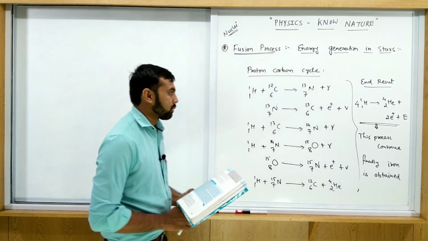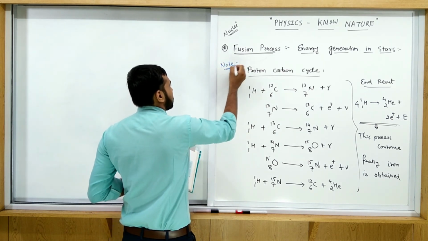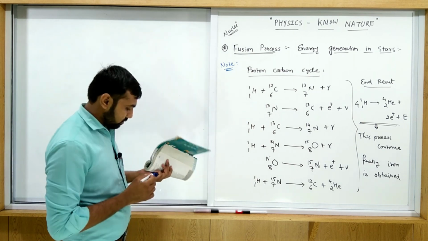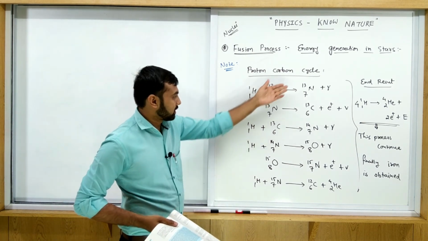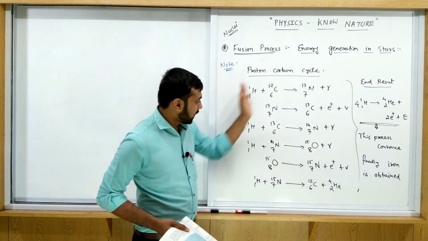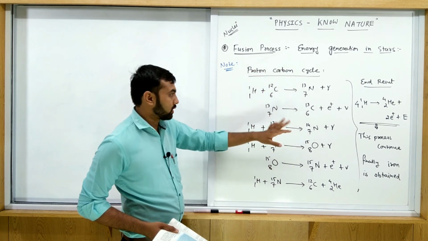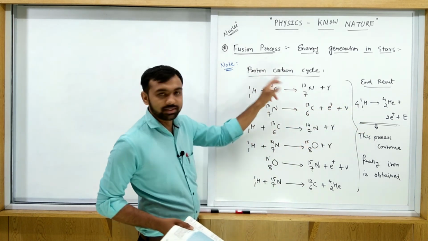That is only for information, so you just write it in a note. Here carbon combines with hydrogen, the fusion takes place, and this type of process continues. If you see this, 4 hydrogen nuclei combine with each other in a proton-carbon cycle.